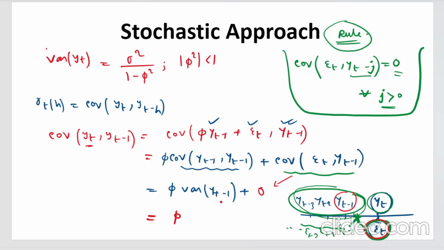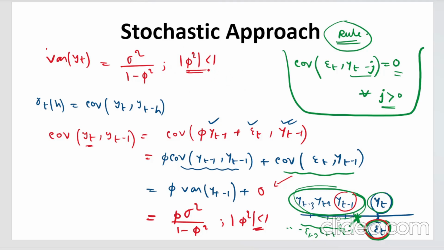So fine, now variance of yt is simply sigma square upon 1 minus phi square, when phi square is less than 1. This also comes from the property of stationarity: when yt is stationary you can equate the variance of yt and yt minus 1. I have not talked about stationarity yet, but as of now just remember that the process is stationary when this condition is satisfied. For an AR1 process, mod of phi is less than 1.